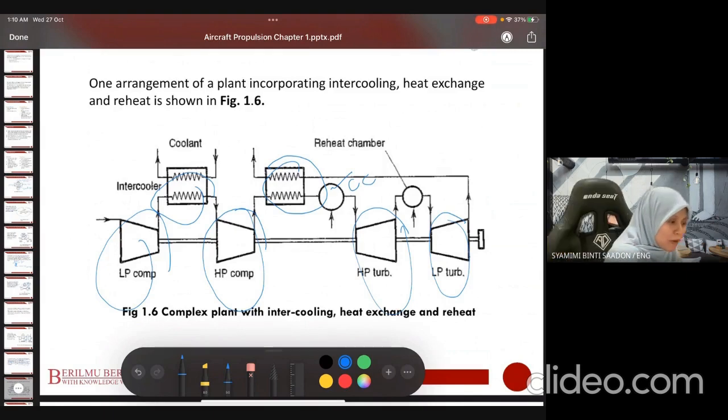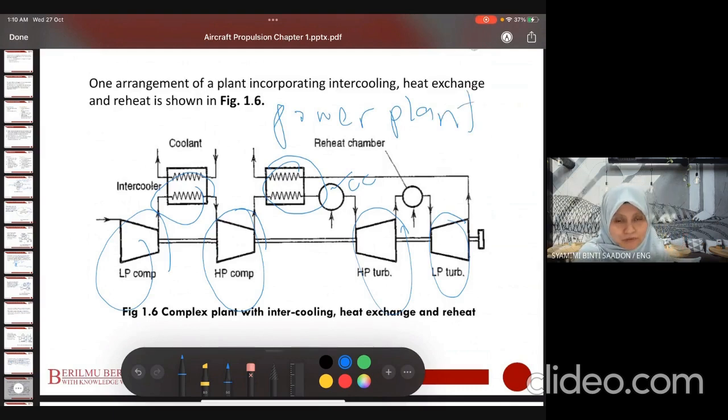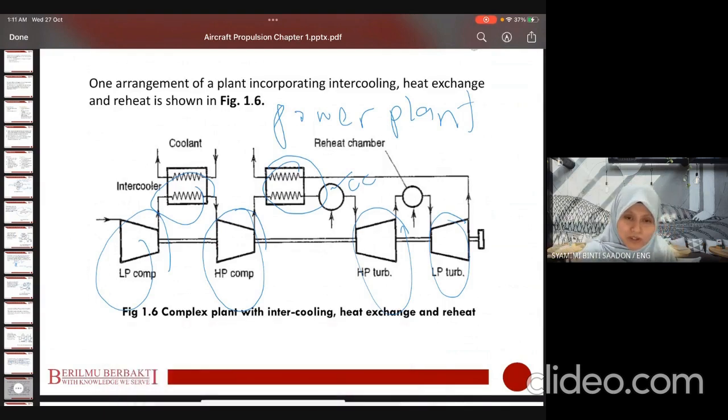Okay, for a power plant, maybe we can do this type of arrangement. But for an aircraft engine, maybe this arrangement is not very suitable because it uses a lot of weight. Okay, we add too much component. But we never know. It depends on how much power it can produce. Maybe it is worth it.